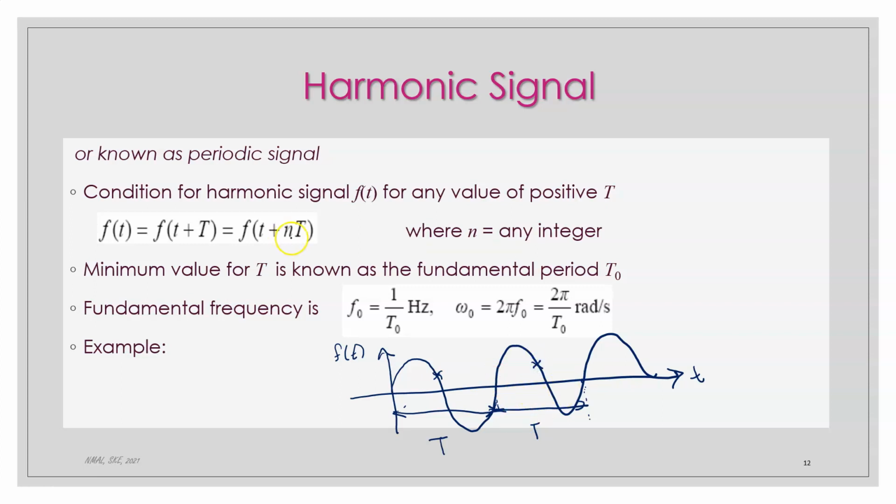And if n is equal to 2, then it should be here. So the value of the amplitude must be the same, right?